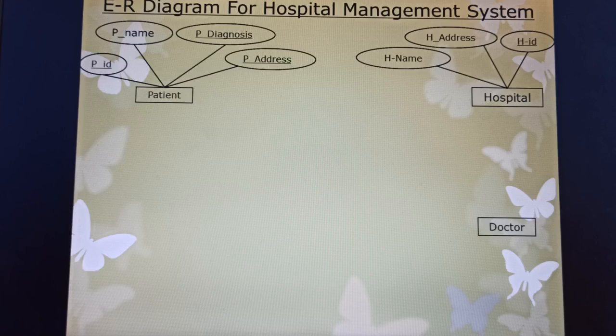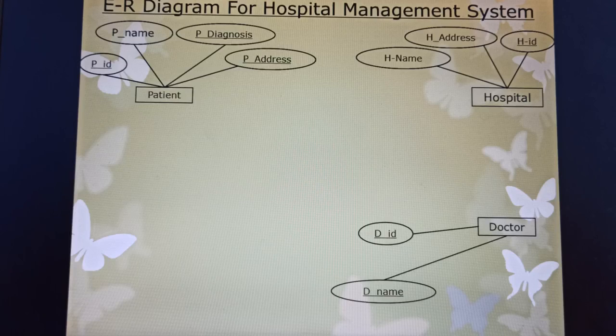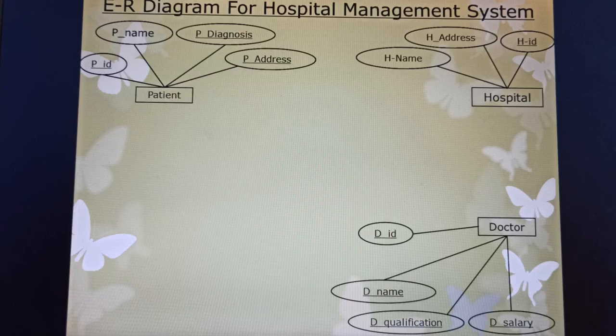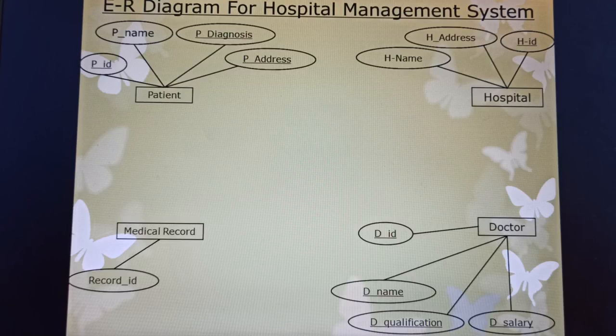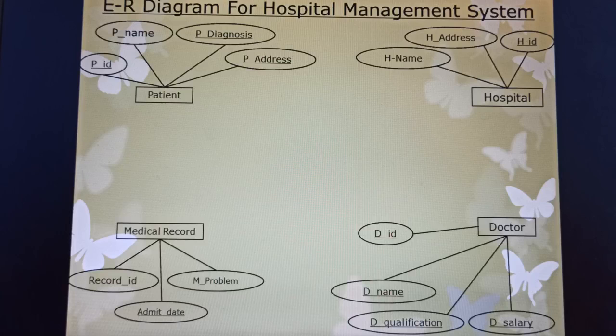Then doctor with attributes doctor ID, doctor name, qualification, salary. And medical record is another entity which has record ID, admit date, which is the date of admission of a particular patient at a particular hospital, and medical problem.